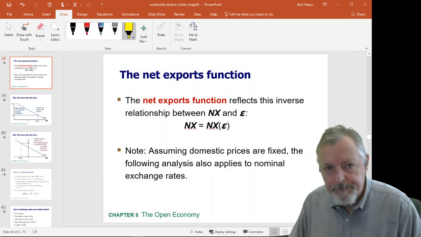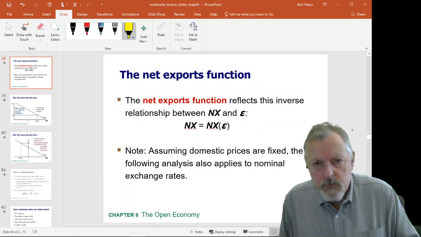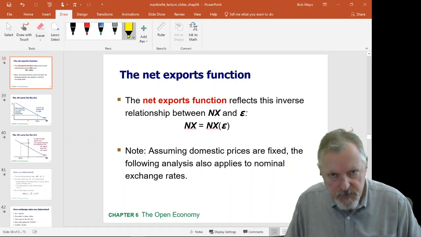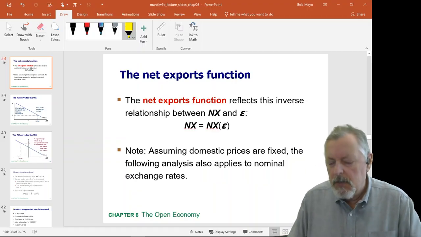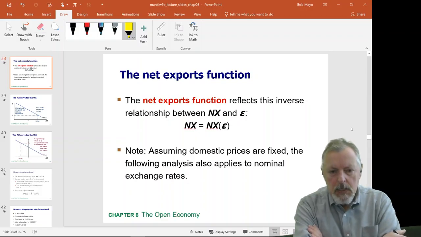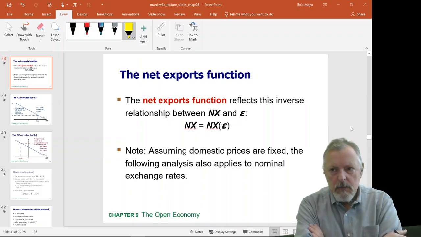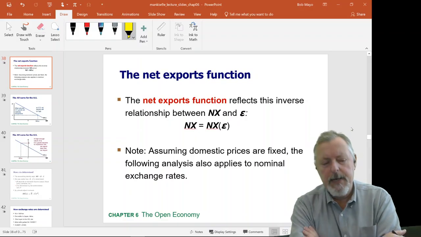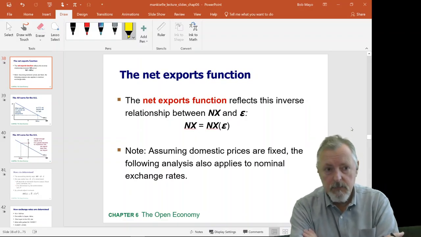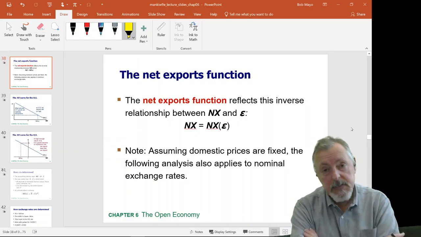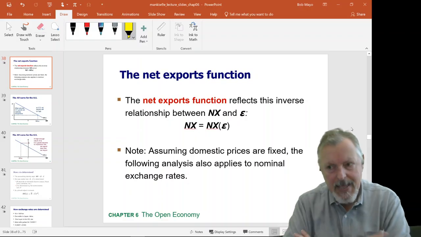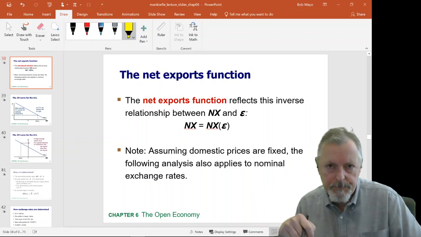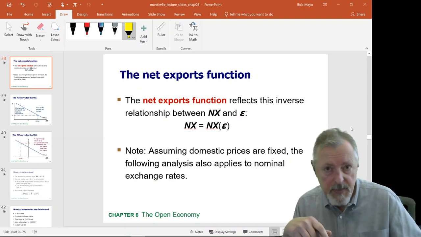Net exports. How do net exports relate to the exchange rate? Well, they are a function of the exchange rate. Because if someone who has euros, this German person again, wants to buy something from the United States, they have to pay in dollars. That means they have to trade their euros for dollars to get enough to buy the thing.